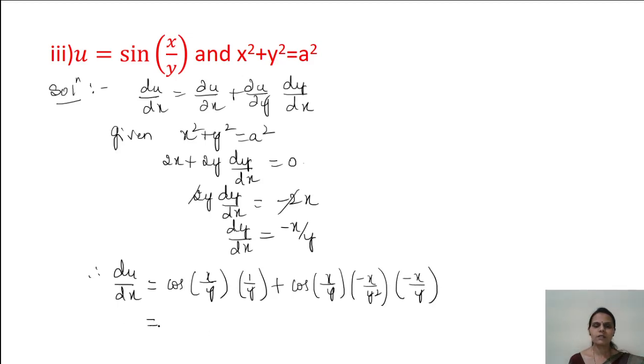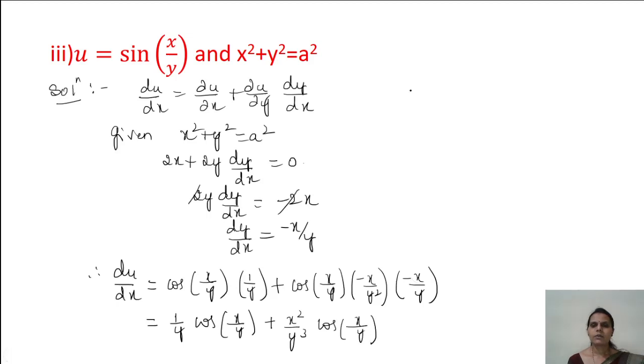So now this is equal to 1 by y into cos of x by y plus, into minus, that is plus itself, x square by y cube into cos of x by y.